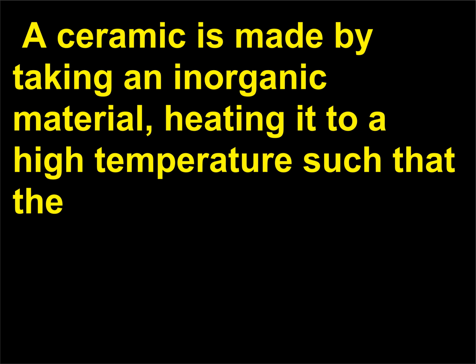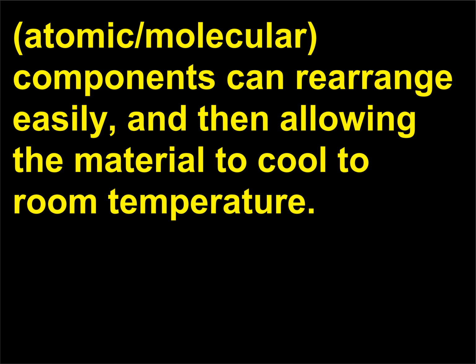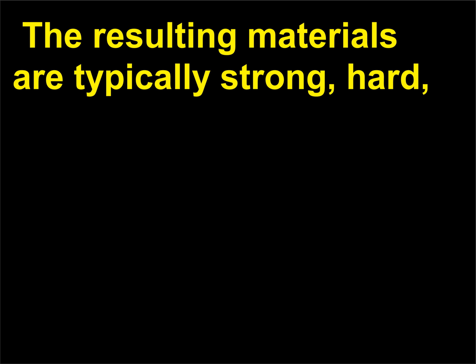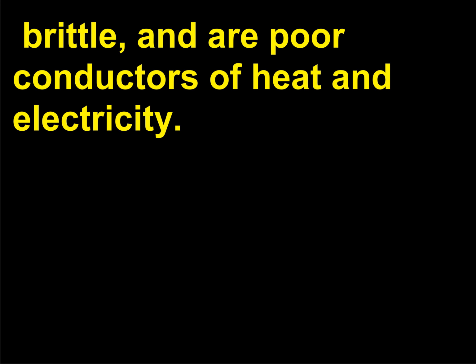A ceramic is made by taking an inorganic material, heating it to a high temperature such that the atomic/molecular components can rearrange easily, and then allowing the material to cool to room temperature. The resulting materials are typically strong, hard, brittle, and are poor conductors of heat and electricity.